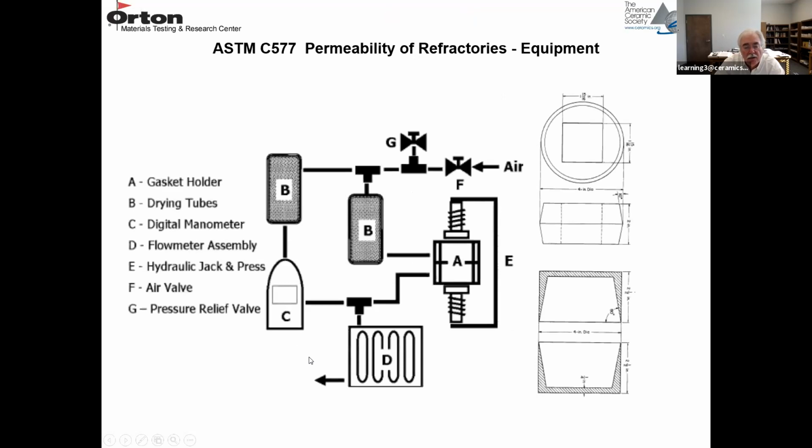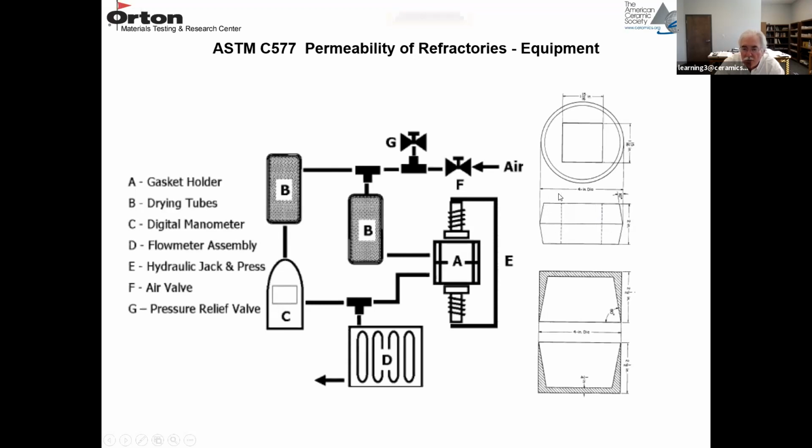So here's a diagram of the apparatus. Your sample is sitting in here, and A is this gasket holder. It's this metal shell, a cylinder, and it clamps this piece of rubber or plastic. This is a cylinder with a 2-inch square hole in it where you fit the sample. This is the rubber gasket.